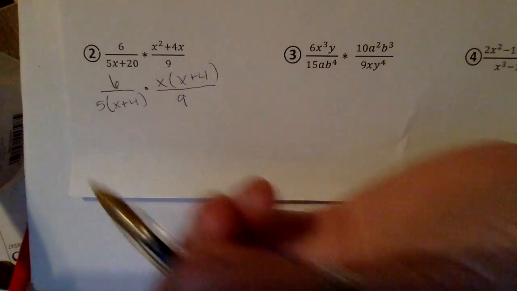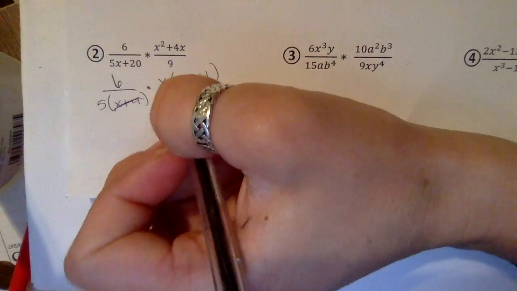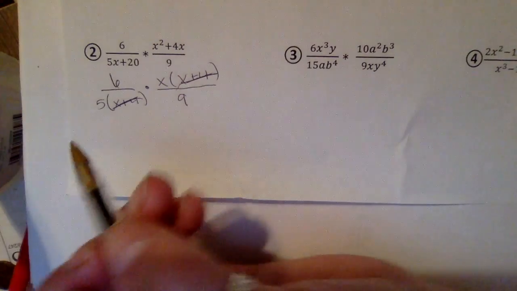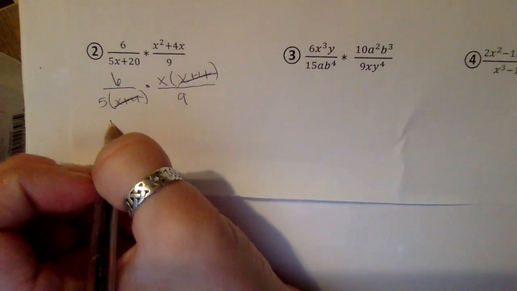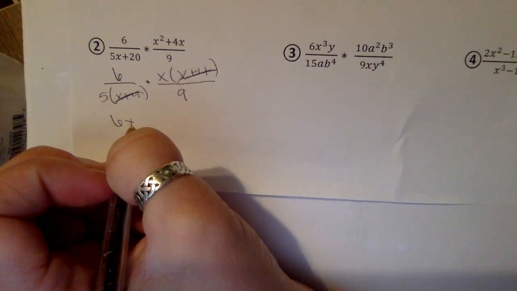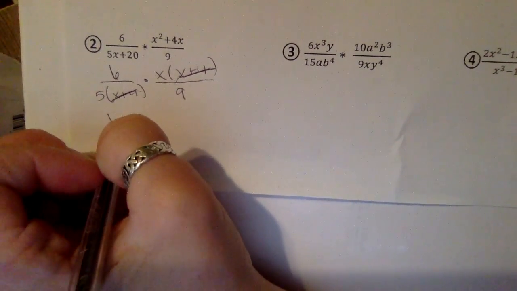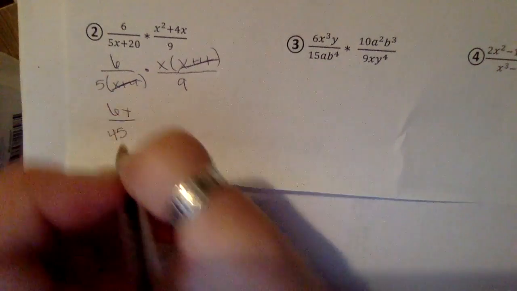Okay, now see how the x plus 4's cancel out? So now I'm going to gather everything or multiply everything. So on the top I have a 6x, and on the bottom I have 5 times 9, which is 45.